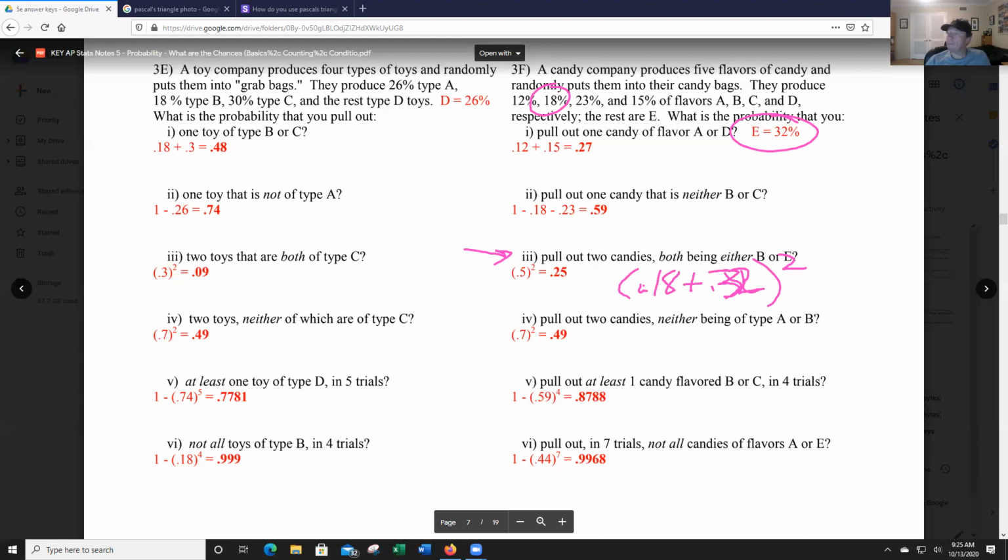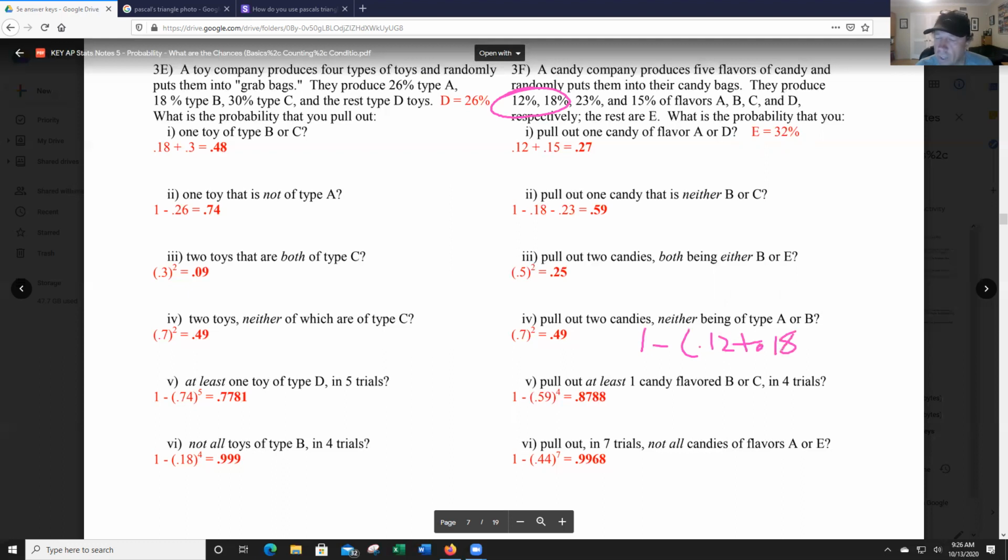It's pretty cool. And then 4, pulling out 2 candies, neither of which are A or B. So A and B together make 30%. So not A or B would be 1 minus (0.12 plus 0.18).